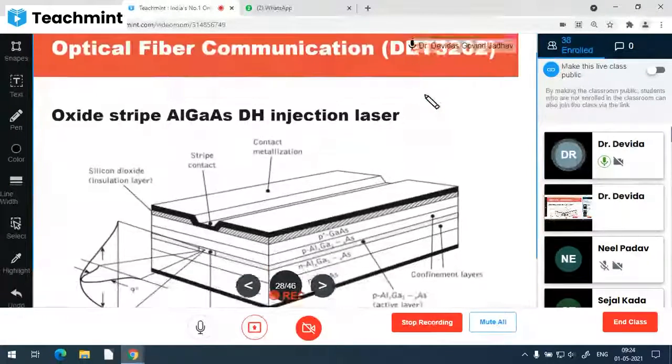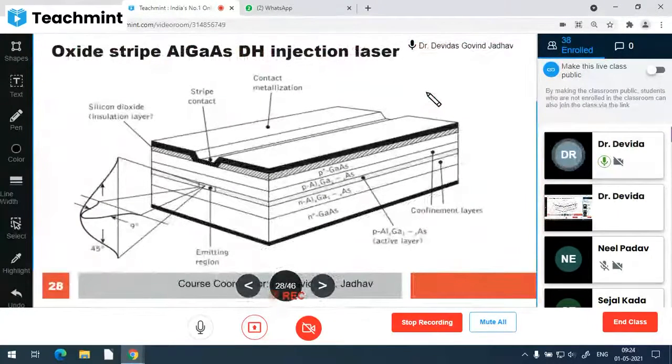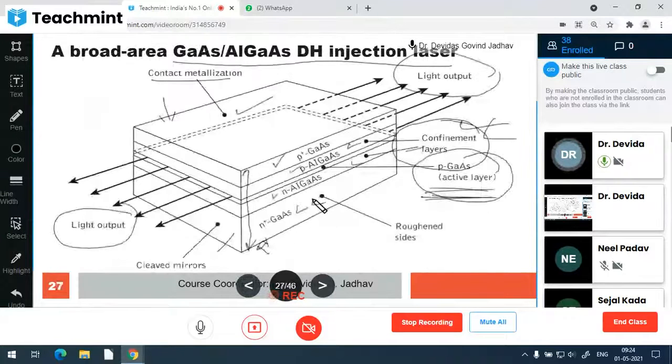So this is the construction of the oxide strip AlGaAs double heterojunction injection laser. If you observe in the previous diagram, there is an optical output from this active region in the total width.